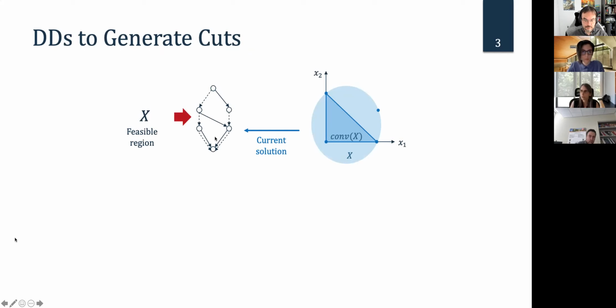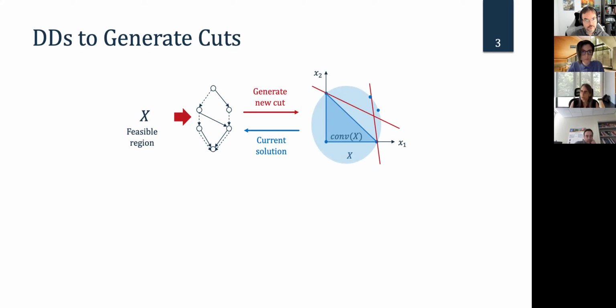The decision diagram tells us, oh no, it's not part of the convex hull, so we generate a cut that removes it. Then we repeat the procedure over and over again. We get another point, we give it to the decision diagram, and it gives us another cut. This is the main idea of the algorithms that we're going to see.